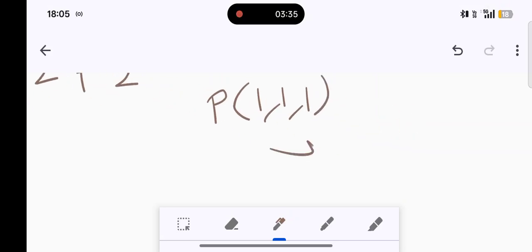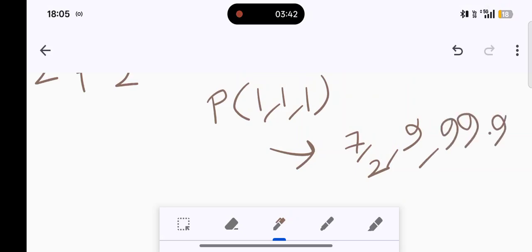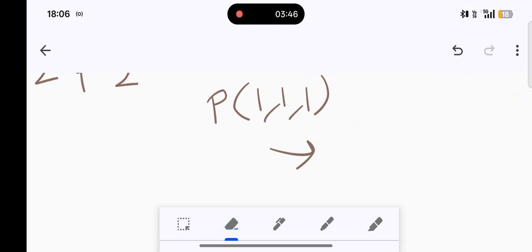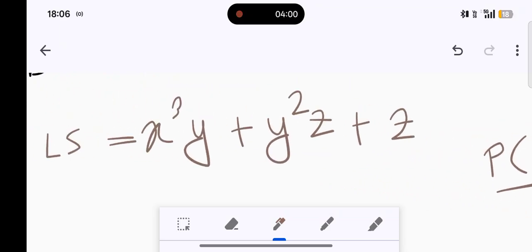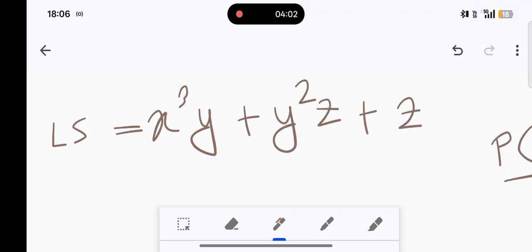You can take P like 7 by 2, 9, 99.9, something like that, but definitely I will not take that because I am not a genius. My calculation speed is too slow, so you know what I mean. So I will take a simple assumption, however.